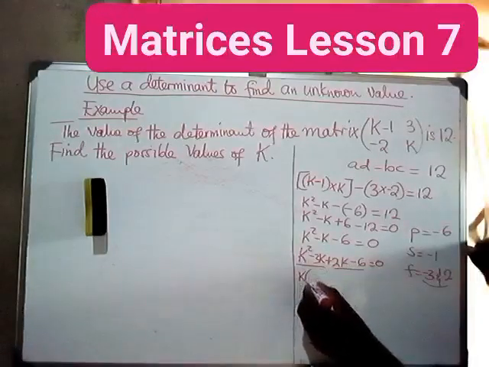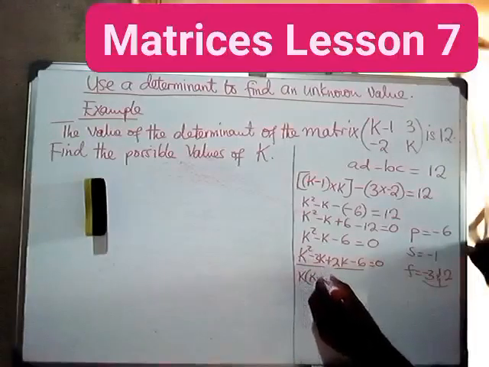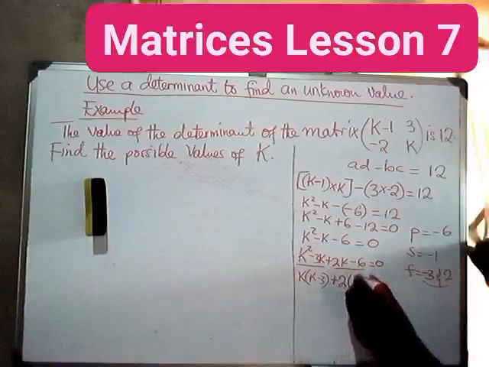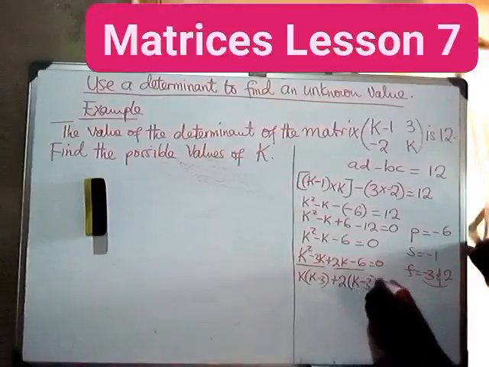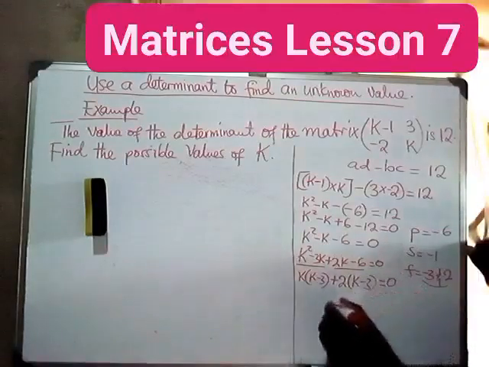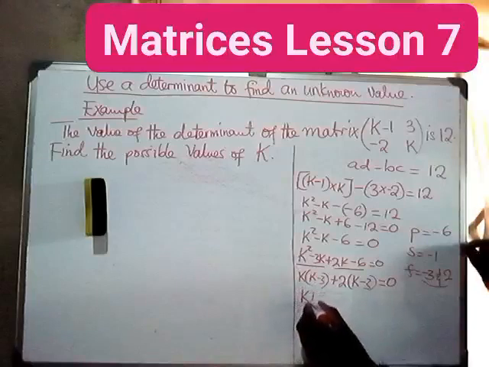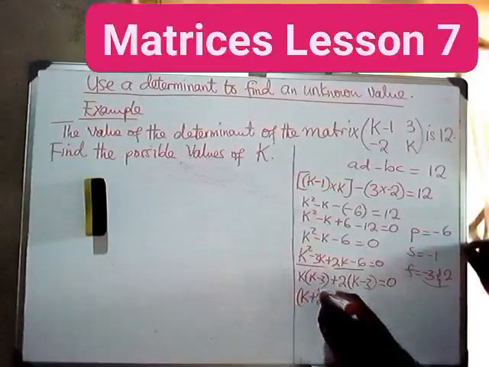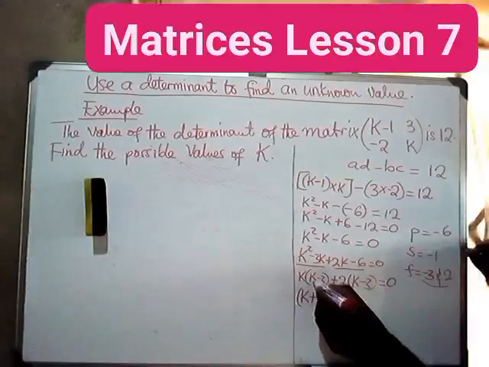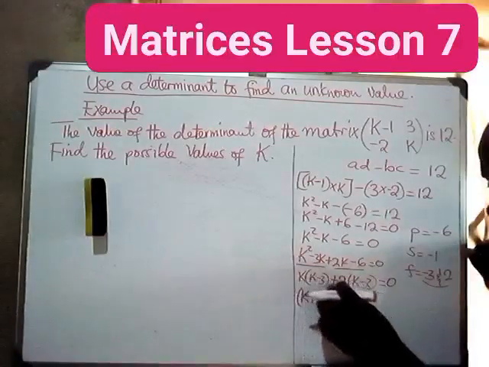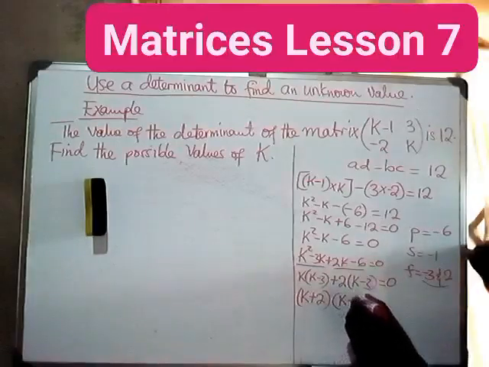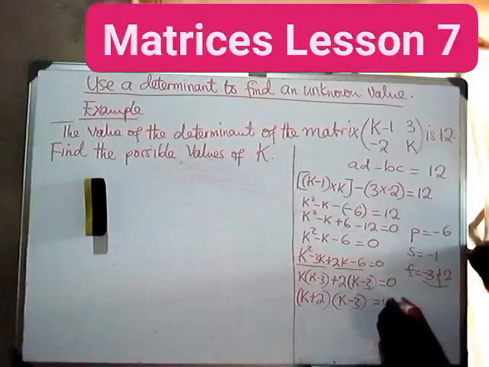We have a k, we remain with k minus 3, then plus 2, we have k minus 3. Since the ones in the brackets are the same, we factorize the 2 and remain with k minus 3.